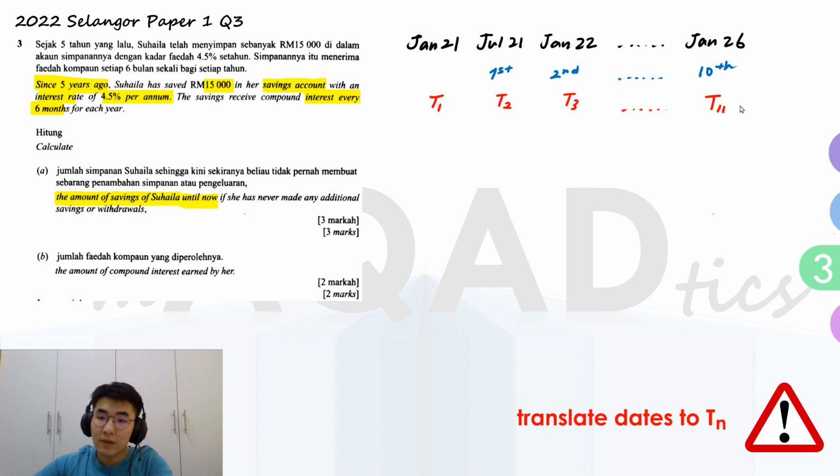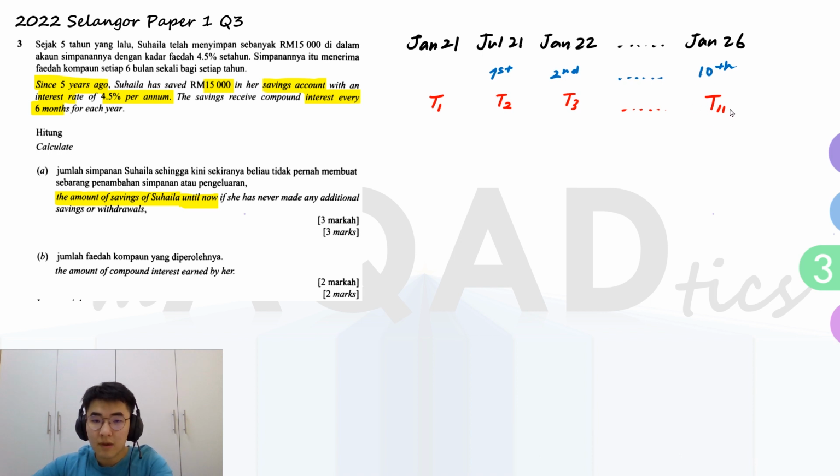So now we know that the amount that we need to find is T11. So now let's find out for this situation, is it an AP or arithmetic progression or a geometric progression?